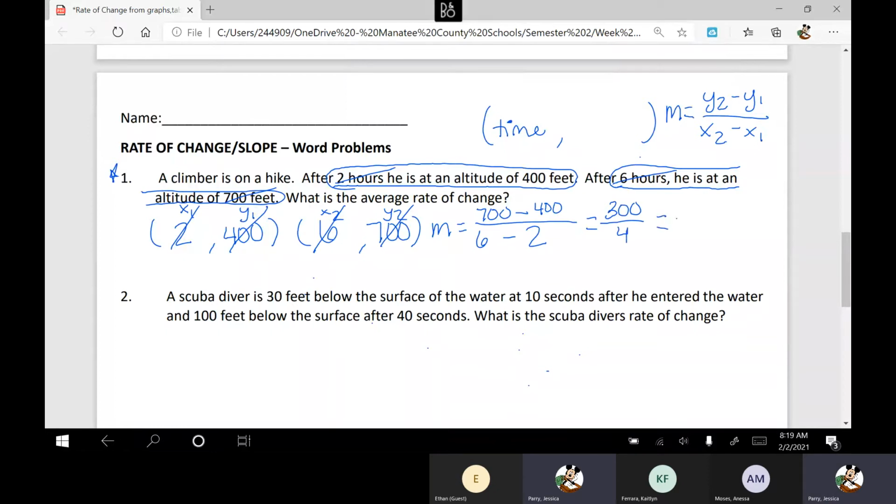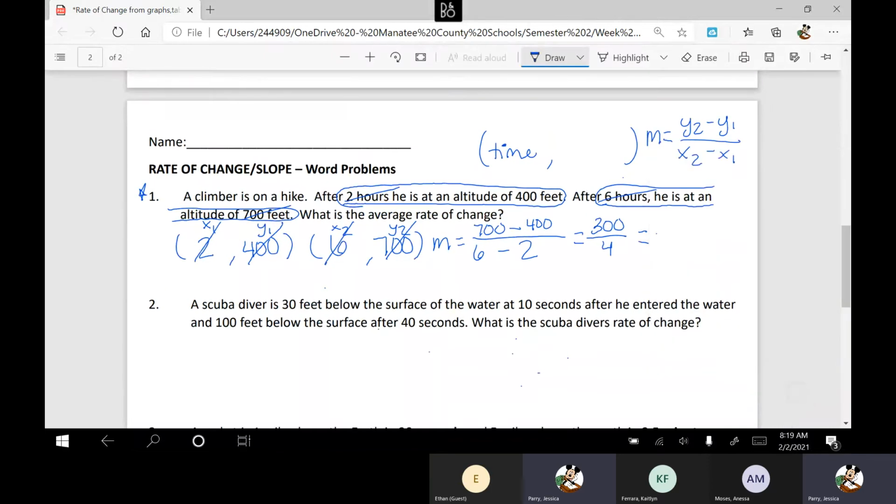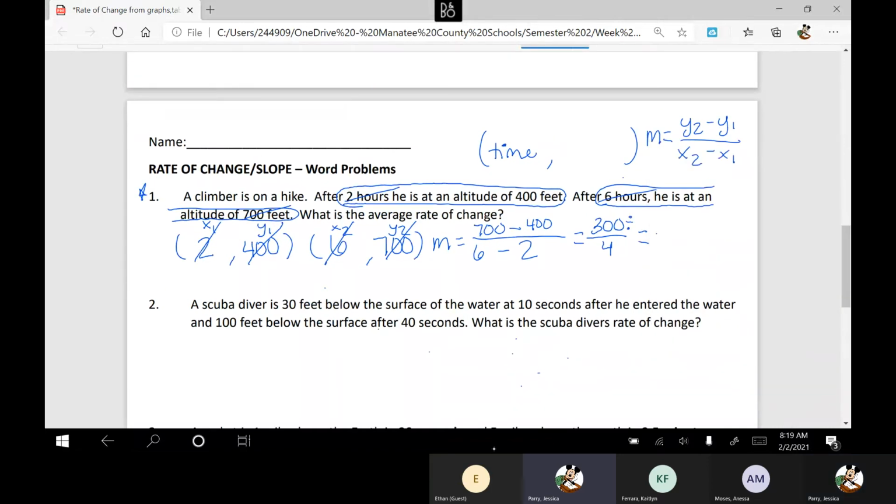And then we can actually simplify a little bit more. Divide top and bottom by the same number. We want to end up with a 1 on the bottom. So 4 divided by what equals 1? You guys tell me. 4.